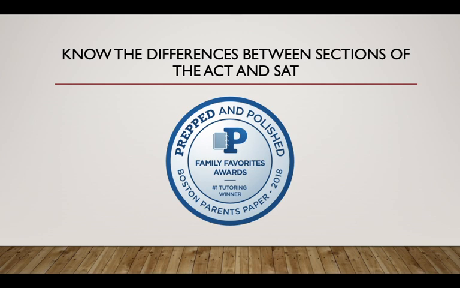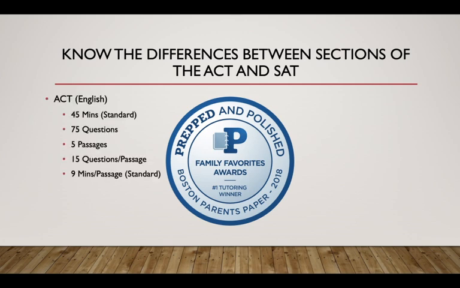If you were at our live stream last week, you saw this slide already. The ACT English section, with standard time, is 45 minutes with 75 questions spanning 5 passages. That comes out to about 15 questions per passage and 9 minutes per passage.